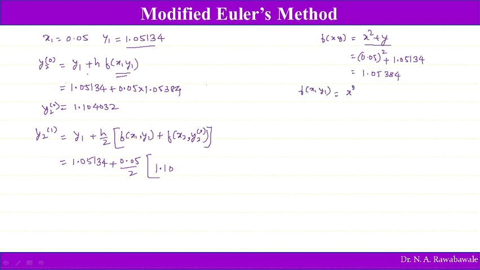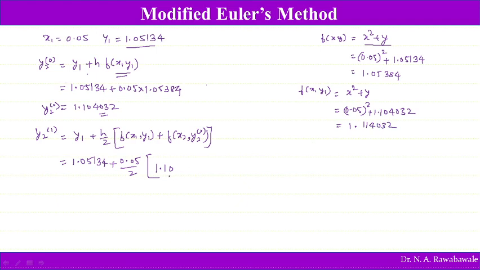If we want to find f of x1, y1, it is x square plus y, where the x1 value is 0.05 square, and the y value is 1.05384. Sorry, the y2 value we obtained, the new recent value, is 1.104032.